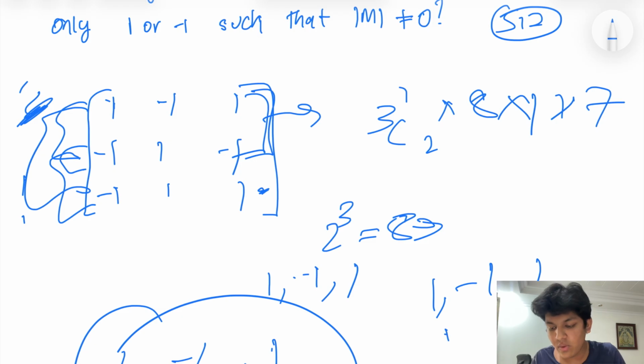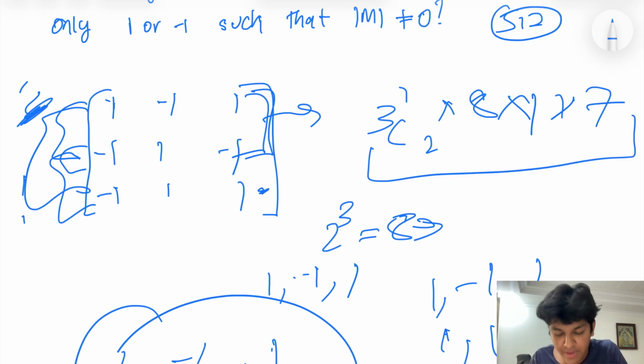It will be something like 1 1 1 or something else. So this is the number of cases where two rows of the matrix are same and one row is different, and that matrix's determinant will be 0.